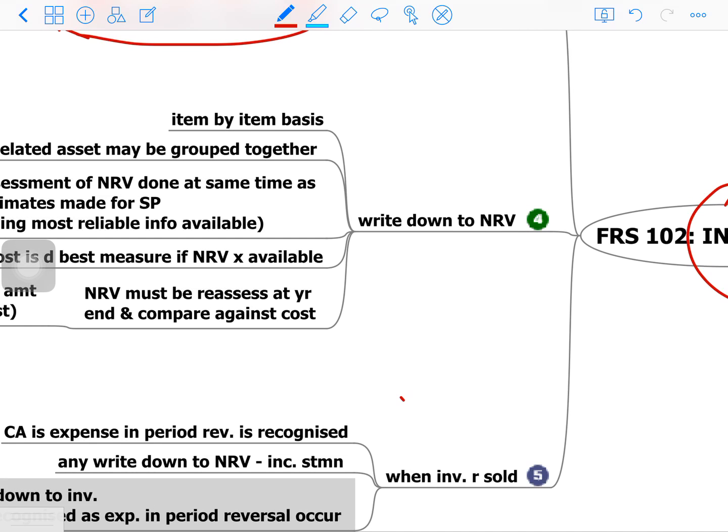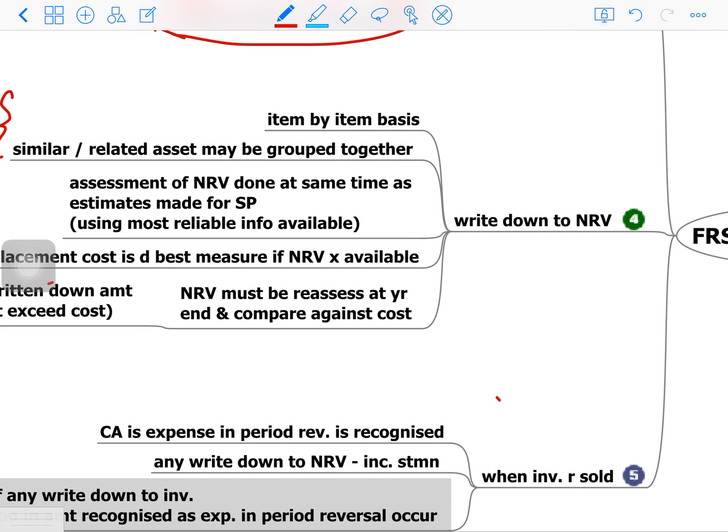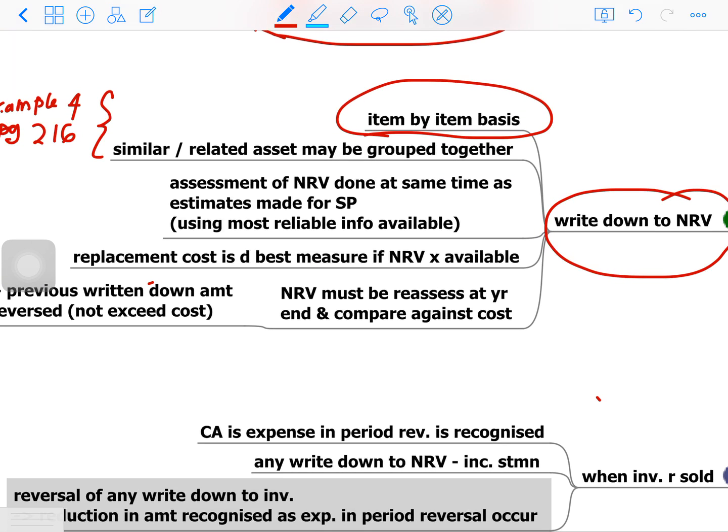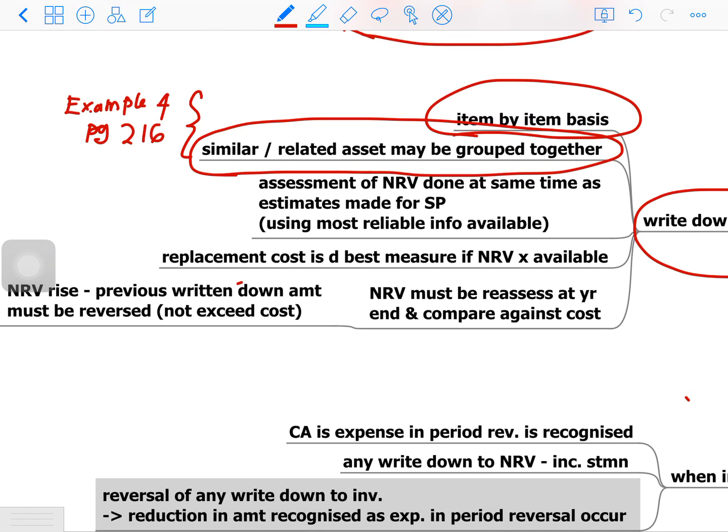The fourth method that relates to inventories is how to write down to net realizable value. The write down to net realizable value must be on an item by item basis, or it could be on a group basis. We will look at example 4, page 216.